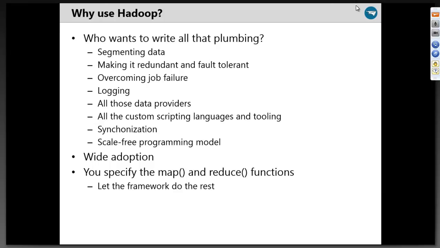And at its core, it's a scale-free programming model, and that wide adoption is a huge benefit for us. So basically, the reason why we're using Hadoop is because we get to specify the map and reduce functions, and we let the framework do all the heavy work for us without us having to write all of that ourselves.